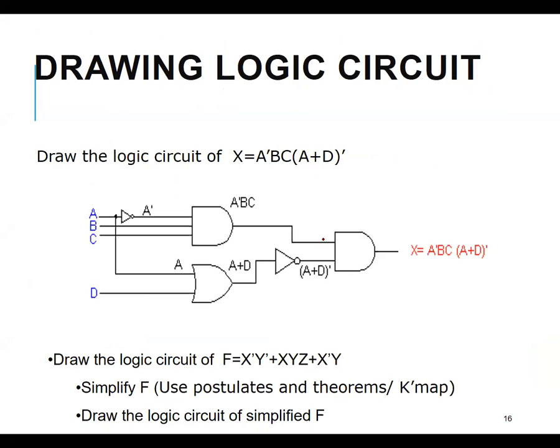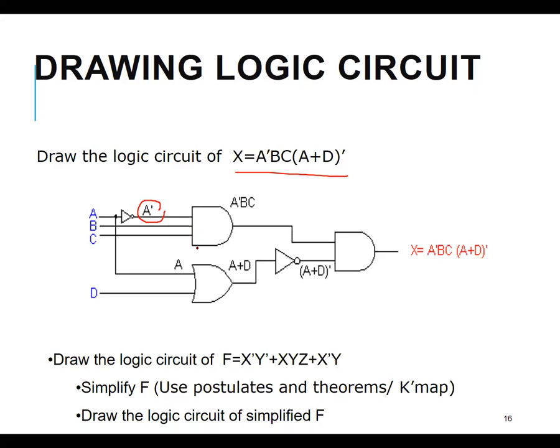This should be the answer for the given Boolean function. This is how you can draw the logic circuit for the given Boolean expression. To get the complement, you can see we have used a NOT gate here before giving the input into this 3-input AND gate.